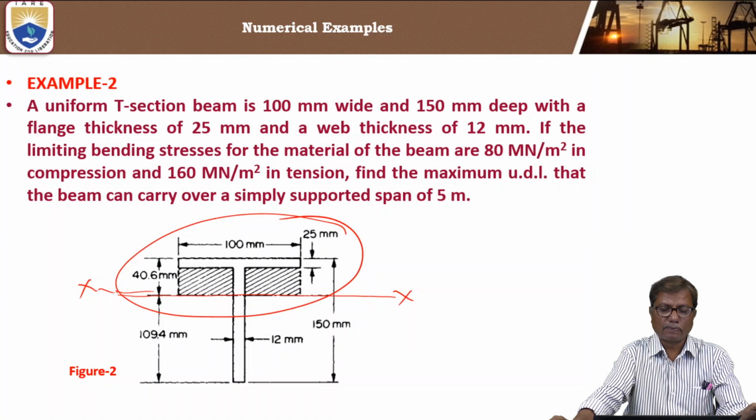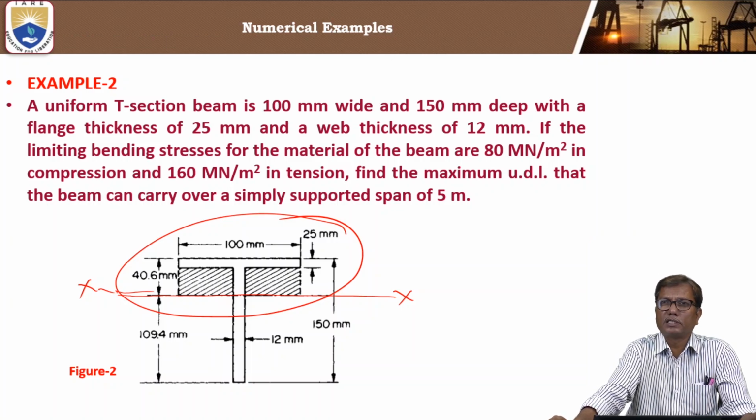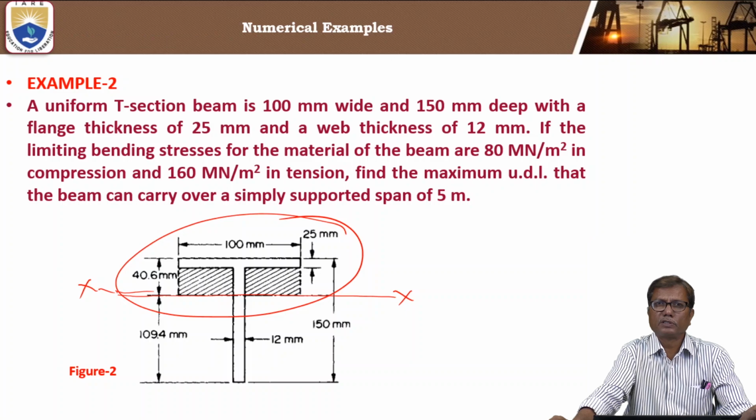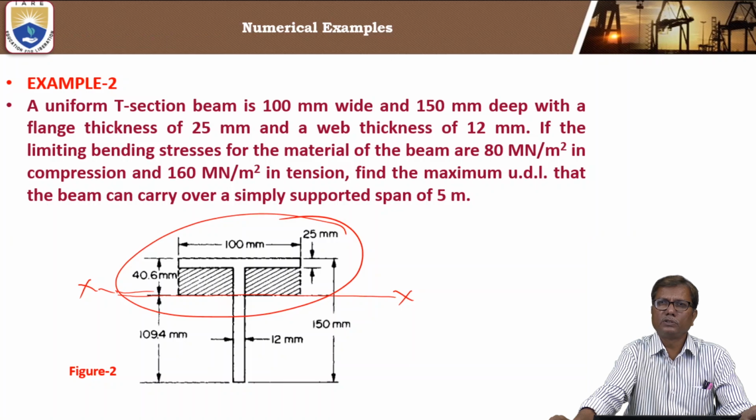So here the limiting stresses in compression and tension are given as 80 and 160 meganewton per meter square, and the beam is given to be a simply supported one. And what we need to find here is the intensity of UDL that the beam can carry over a simply supported span of 5 meters.